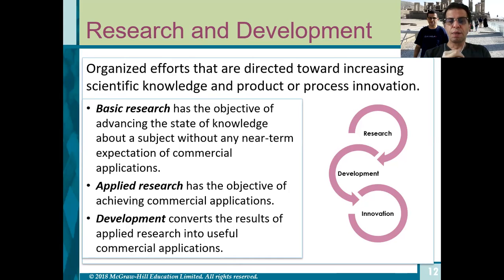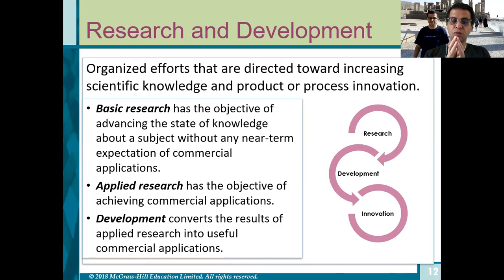Now, in research and development, you do research, you develop, you do some innovation, and then you go again and do further research and make further development and improvement on it, and you come up with the final innovation. If not, you keep going through these stages. But in research and development, there are a few kinds of research.